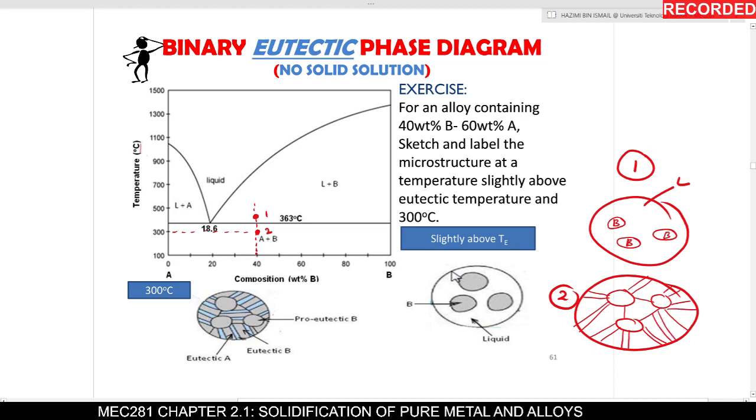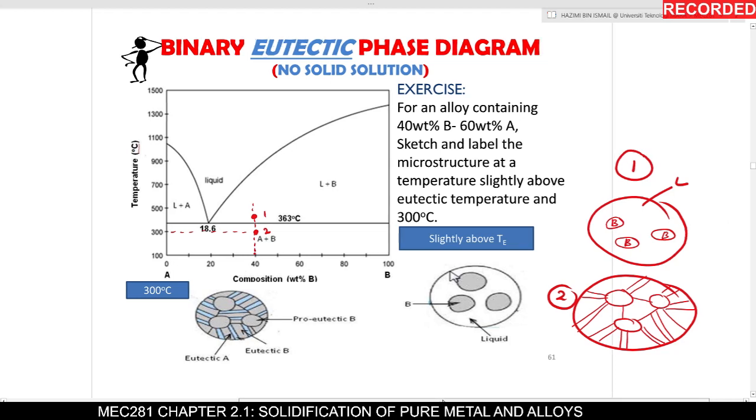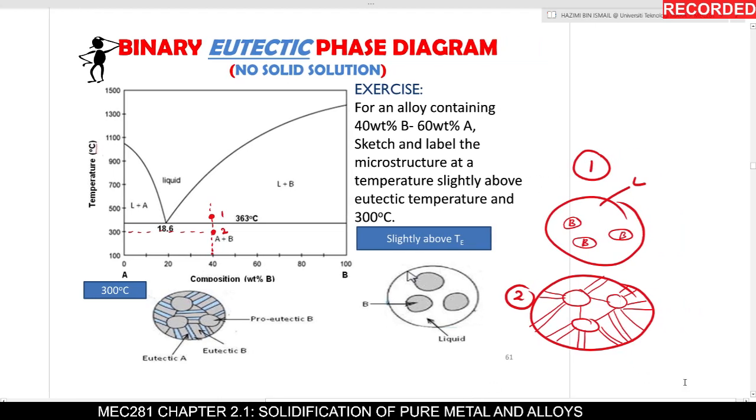Okay, but the tricky thing that you have to keep in mind when you draw this microstructure is you have to know whether it is on the hyper or hypoeutectic side. So this is hyper, this is hypo.